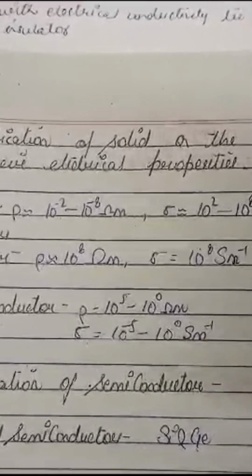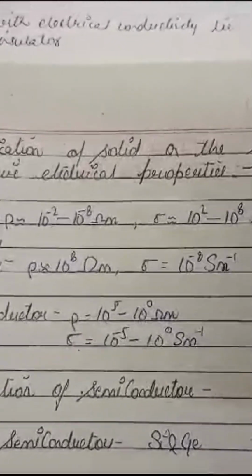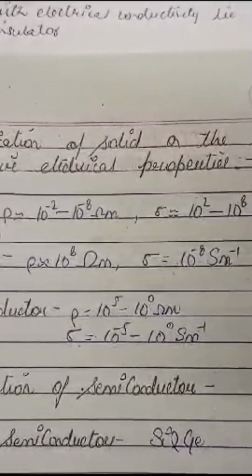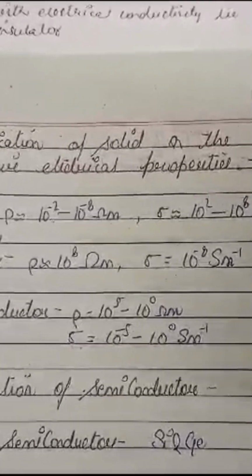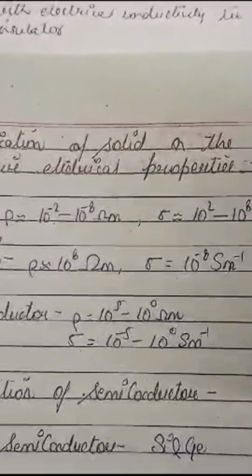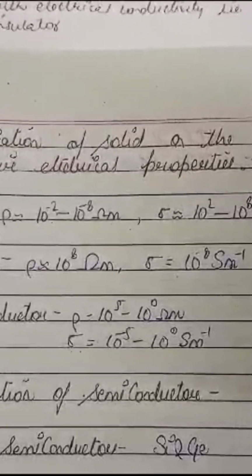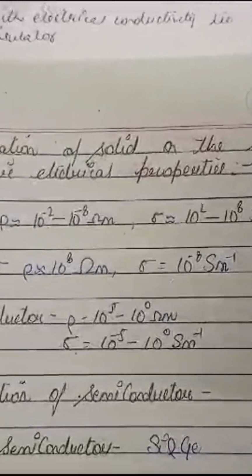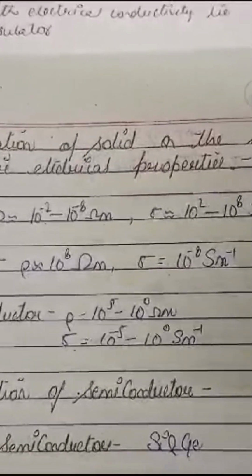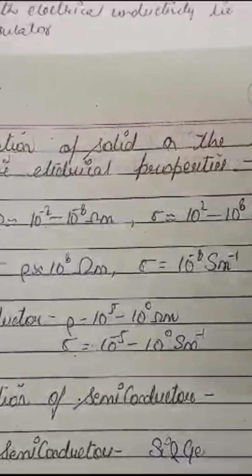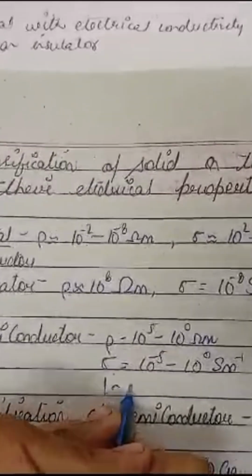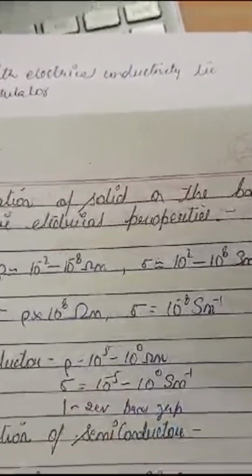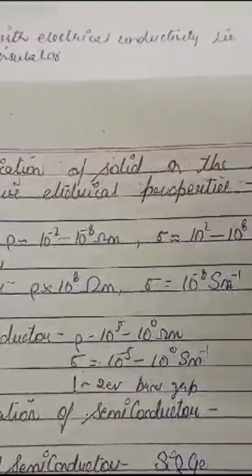Semiconductors are those whose conductivity lies between conductors and insulators. They have moderate electrical resistance, meaning the electrical resistivity lies between 10 to the power 5 to 10 to the power 0 ohm meters, and there is a very small energy band gap, about 1 to 2 electron volts, between the valence band and the conduction band.